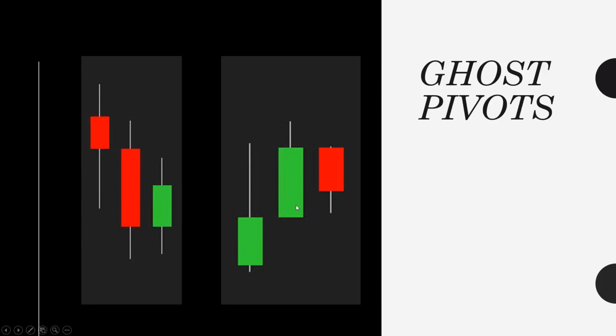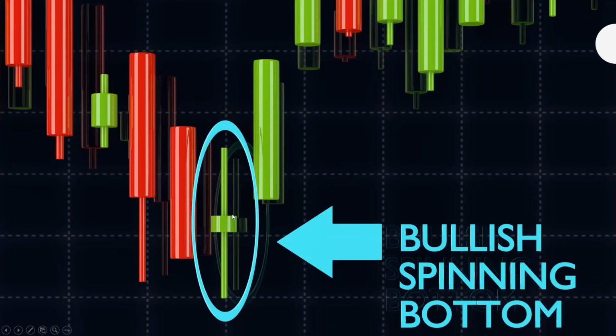Now, I realize some of you actually want to know what are the names of these candlesticks, okay? You can see this one is considered a bullish spinning top, but look at the actual formation. This bar is lower than this bar, and this bar closes above the high of this bar.